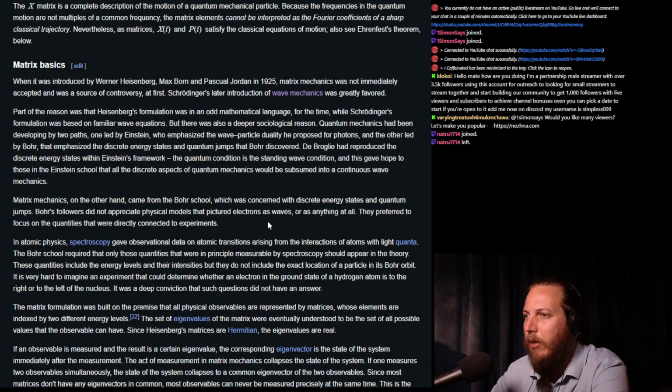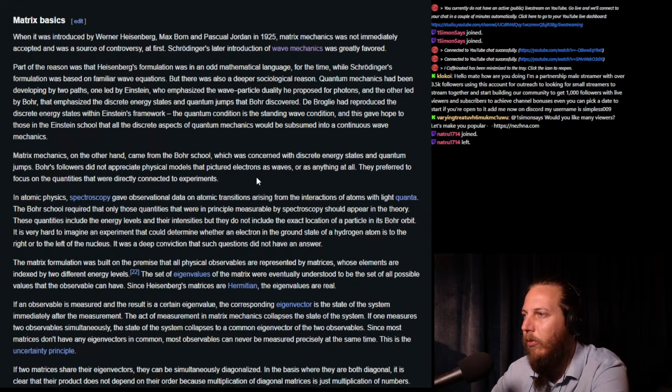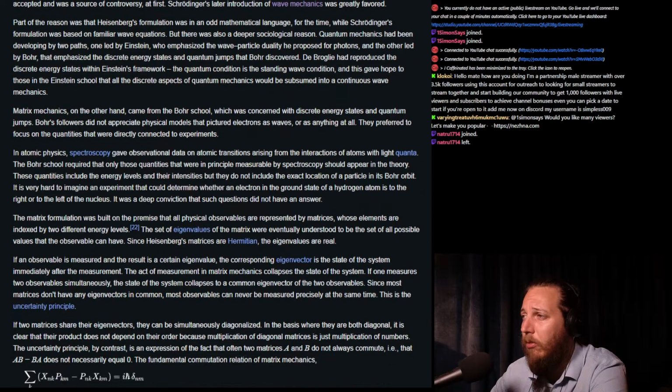Matrix mechanics, on the other hand, came from the Bohr school, which was concerned with discrete energy states and quantum jumps. Bohr's followers did not appreciate physical models that pictured electrons as waves, or as anything at all. They preferred to focus on the quantities that were directly connected to experiments. I can appreciate that.